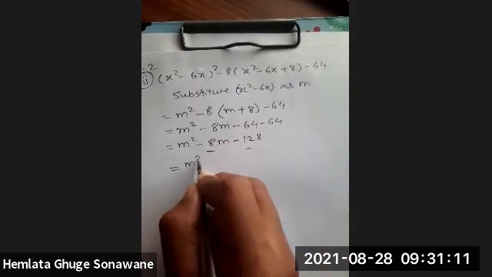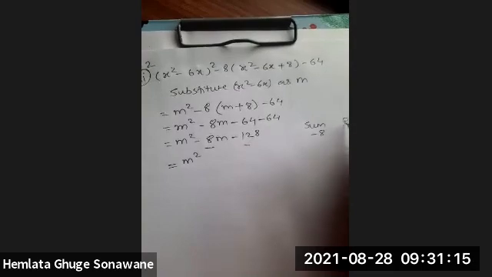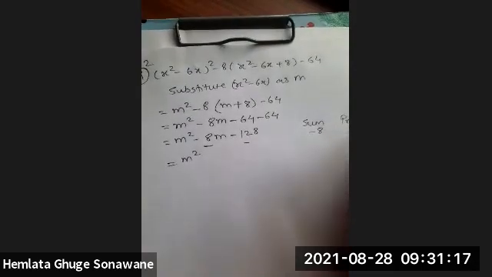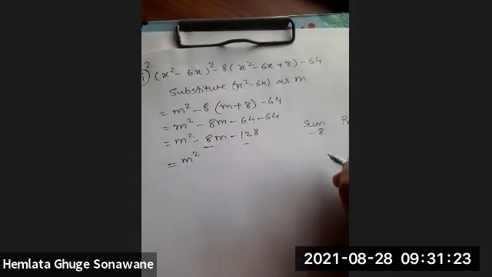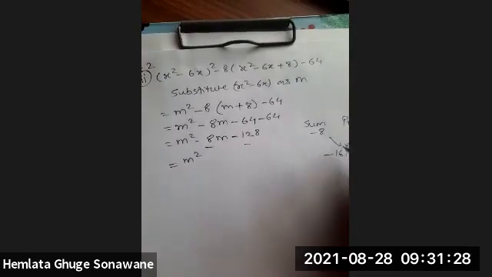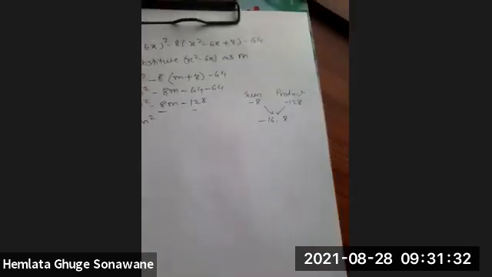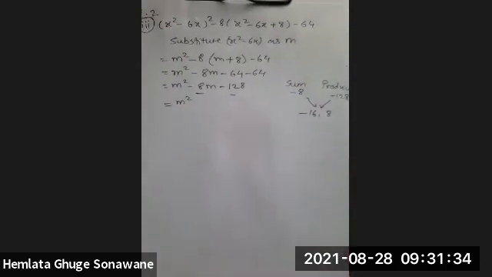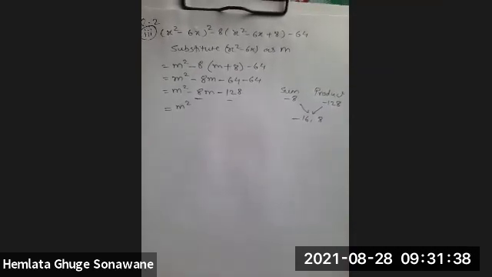So we'll write m square as it is. Sum should be minus 8 and product minus 128. So here we'll take 16 and 8. So minus 16 plus 8 becomes minus 8, and minus 16 times 8 is minus 128.